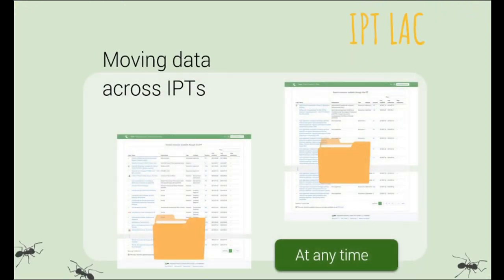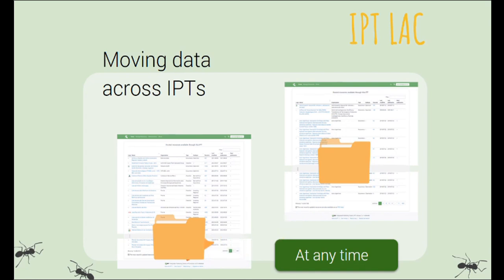For some organizations, using IPT LAC to share data may be a temporary solution, for example, while waiting for a national node or IPT to be implemented. Data resources can be migrated from one IPT instance to another. Using the IPT LAC does not imply any commitment from the user or organization to maintain any resources through this IPT for any specific length of time.